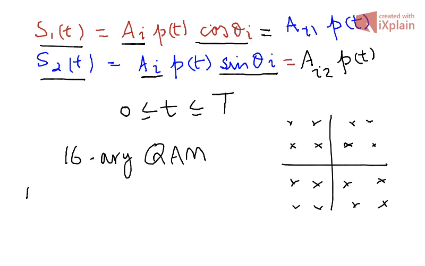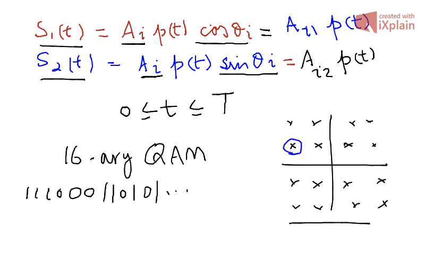So we have many bits. Usually we have a sequence of bits which we need to transmit, and we don't know what the combination is. Now we have these 16 unique signal points, and with each signal point, for example this one or any other one, we can send 4 bits.